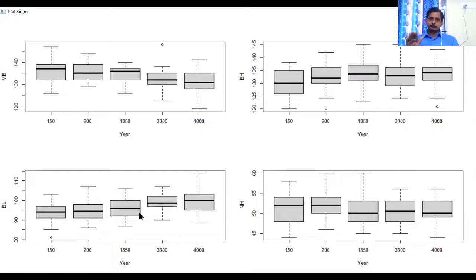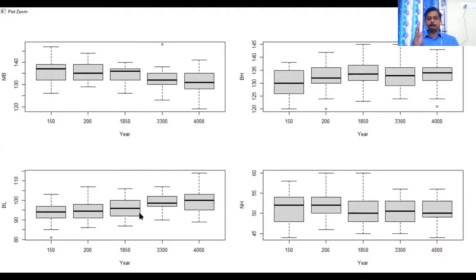However, upon the descriptive summary and pairwise comparison test, it is evident that height and nasal height do not differ on average across the years, but there is a gradual increment in the average breadth of the skull from 4000 BC to 150 AD, and a gradual decrement of length from 4000 BC to 150 AD.